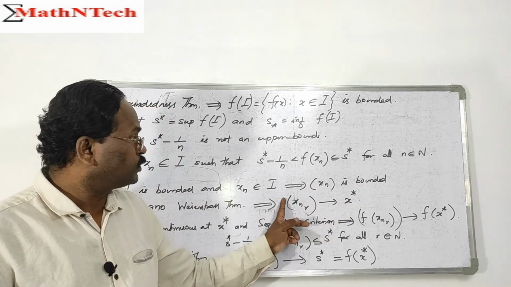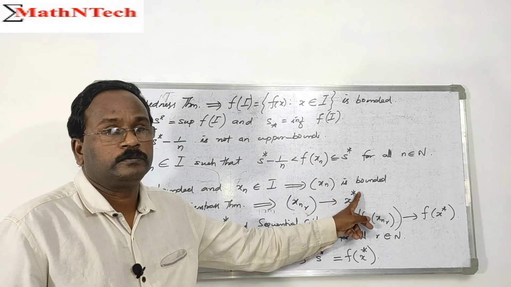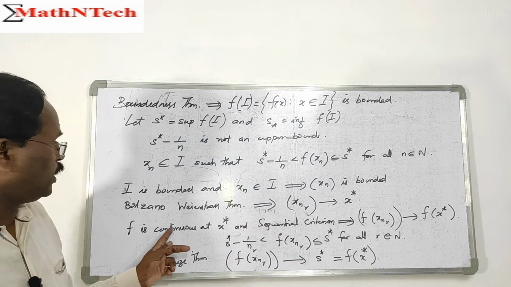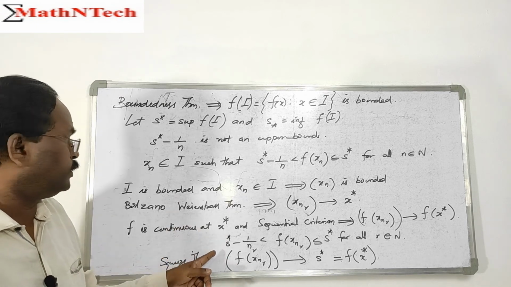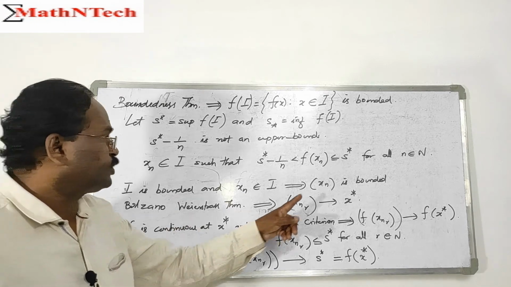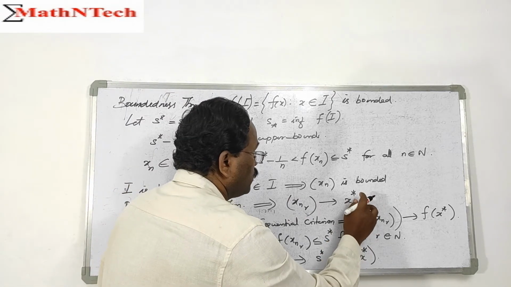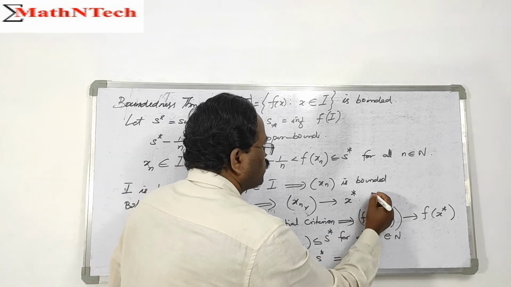So the subsequence xnr converges to x star. f is continuous on I. We can prove this x star belongs to I since I is closed.